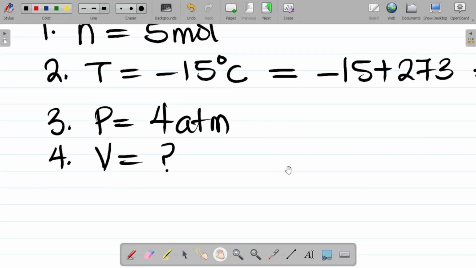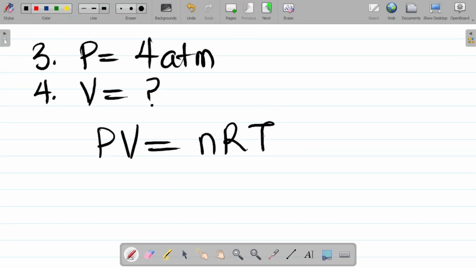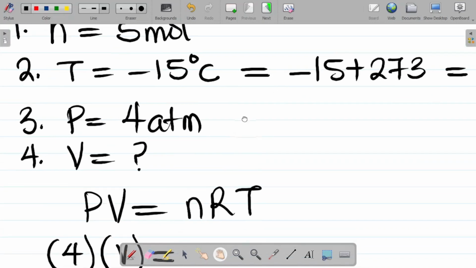All right, so let's get our formula. The formula there is that PV is equal to nRT. We have to find the volume. The value of P, as we can see, is 4 atmosphere. Volume is unknown, is equal to n. From here, we consider the value of n is 5 moles.